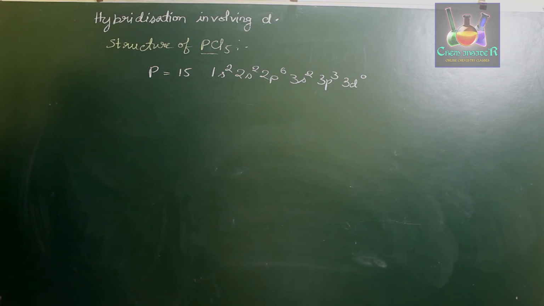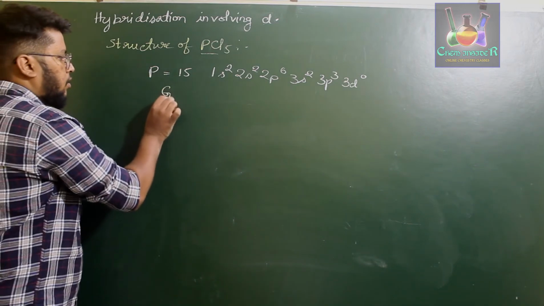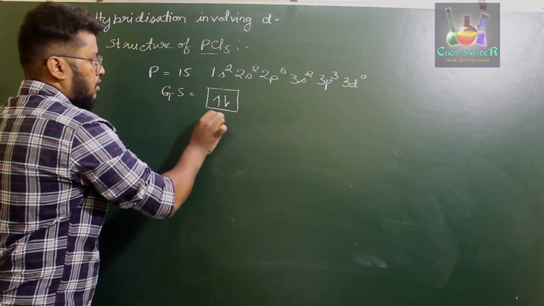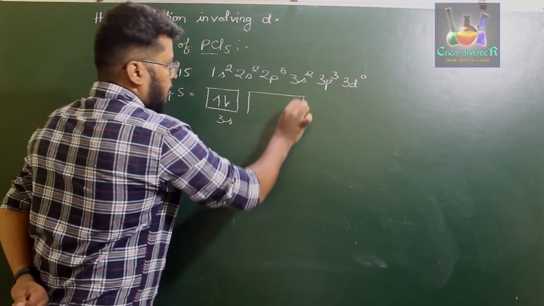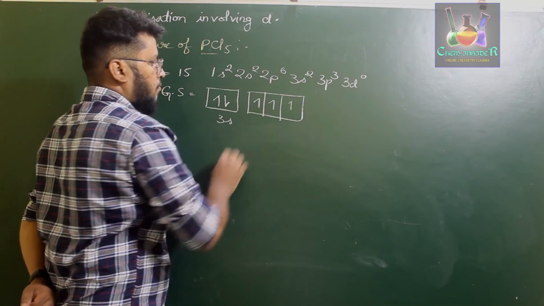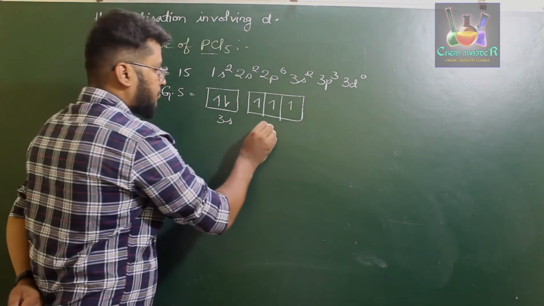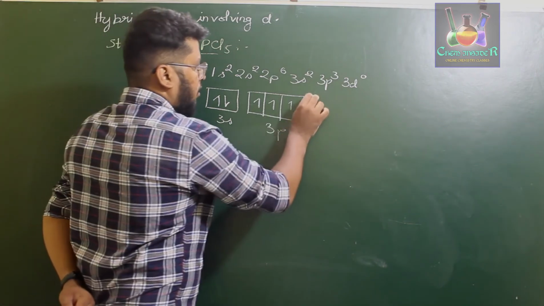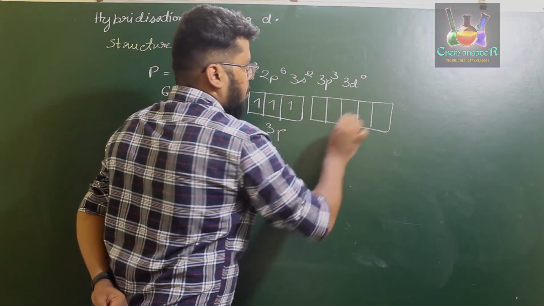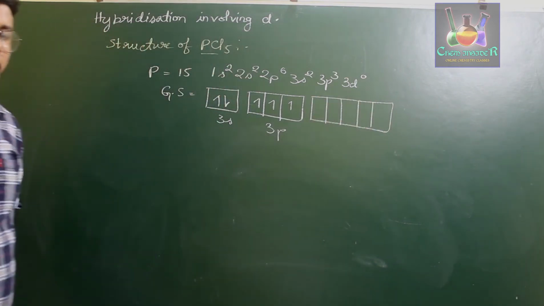If you write down the ground state electronic configuration orbital-wise, that will be 2 electrons in the 3s orbital, 3 electrons, one each, in the 3p orbitals, and 0 electrons in the 3d orbital.